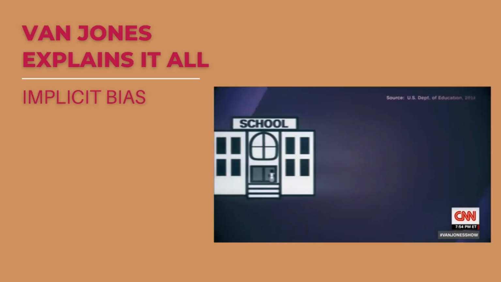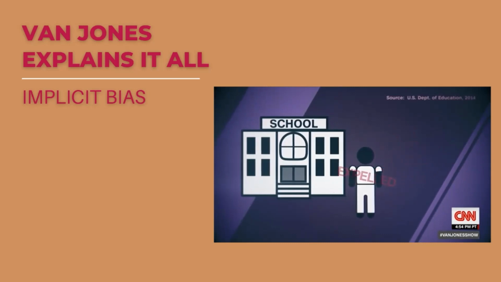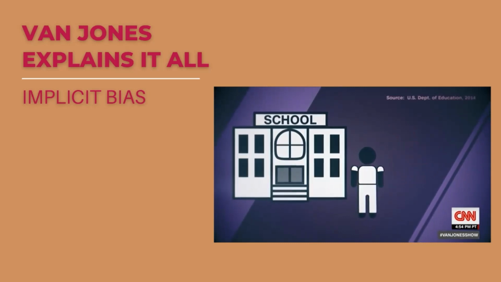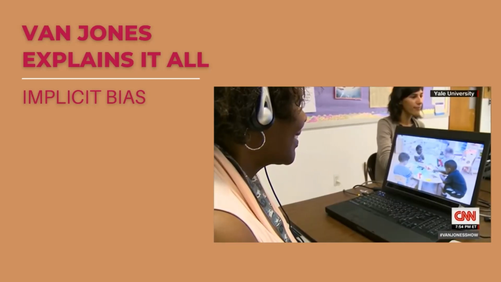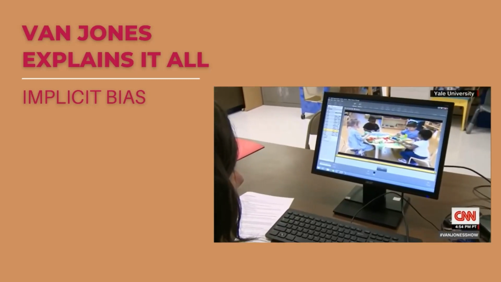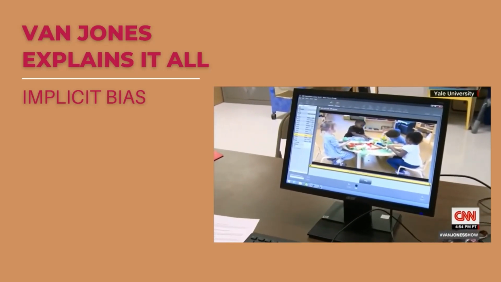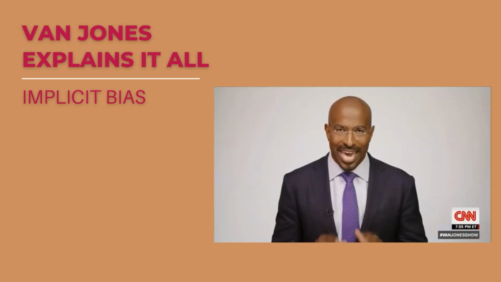Now, black students are 3 times more likely to be suspended or expelled than their white peers. Consider this. Yale researchers asked teachers to watch videos of kids in a classroom and identify any problematic behavior. Each video featured a black girl and boy and a white girl and boy. The catch?